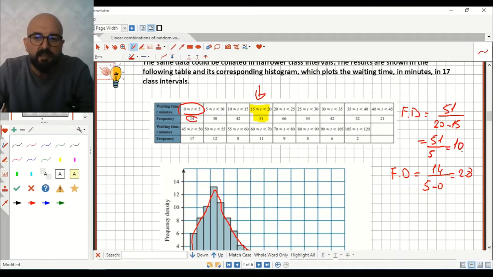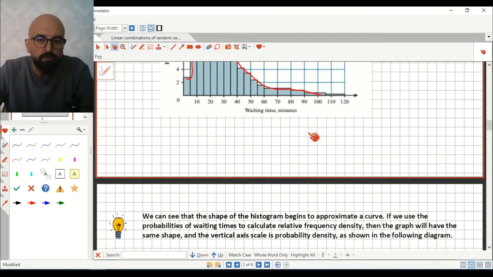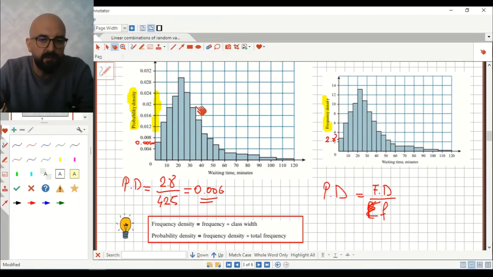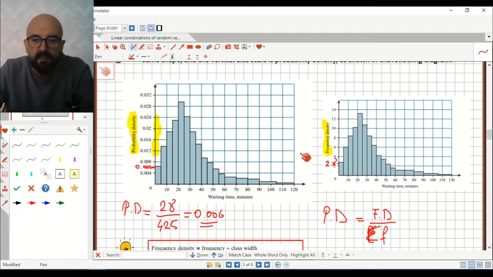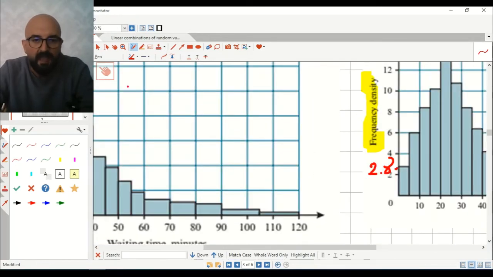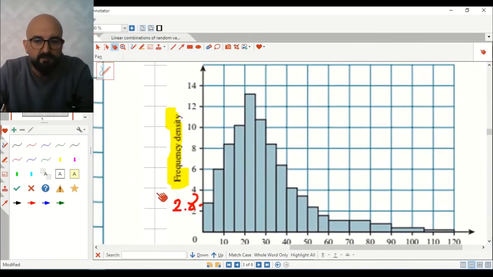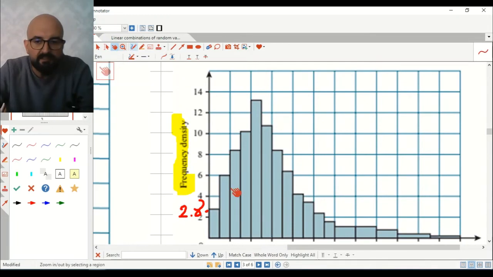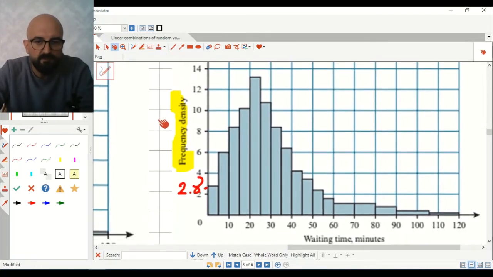It means 10.2. So 10.2 is the frequency density between 15 and 20, this column. So this point is 10.2.